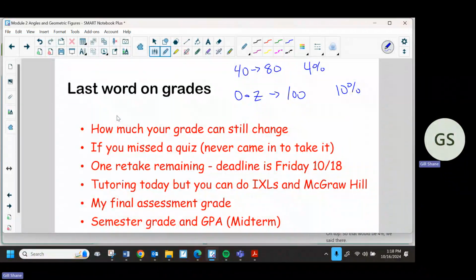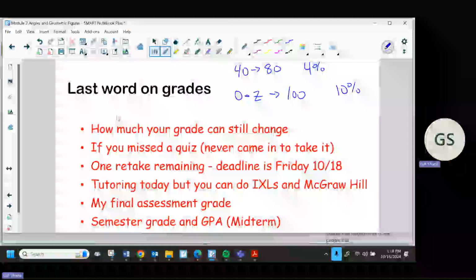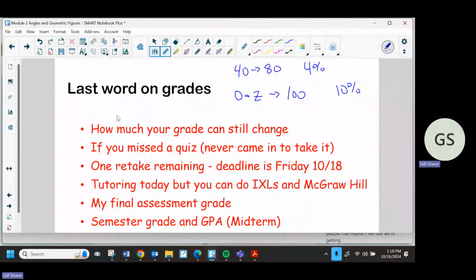On top of that, though, I also put in a final assessment grade that is just my judgment: how well did they learn this quarter? That helps some of the people that I feel were getting it in class but then struggled on a quiz. So sometimes you'll go up a percent or two over what you ended with based purely on the quiz or exit tickets.